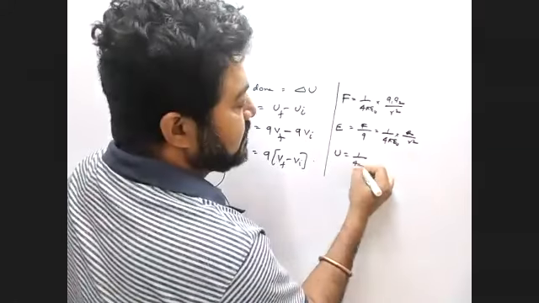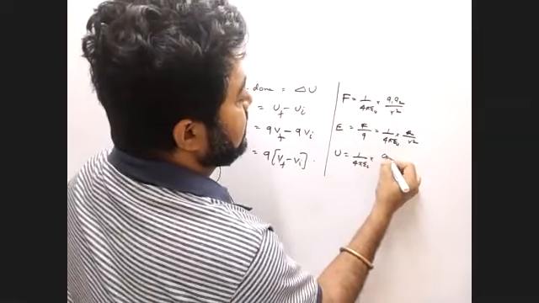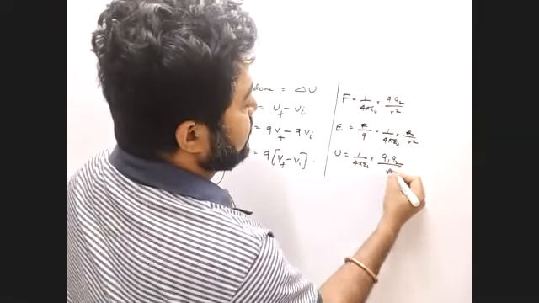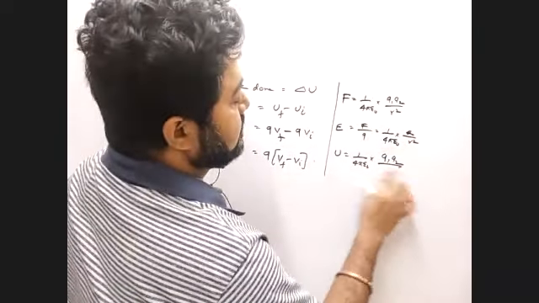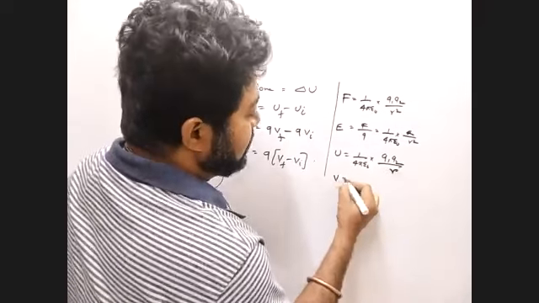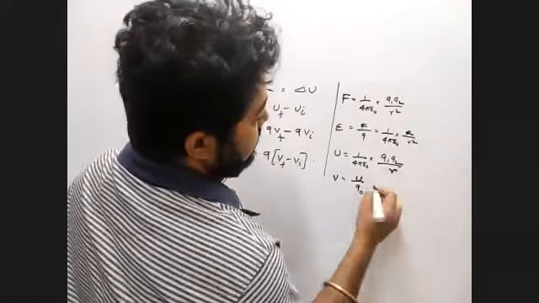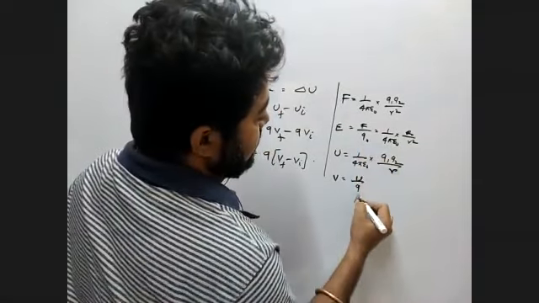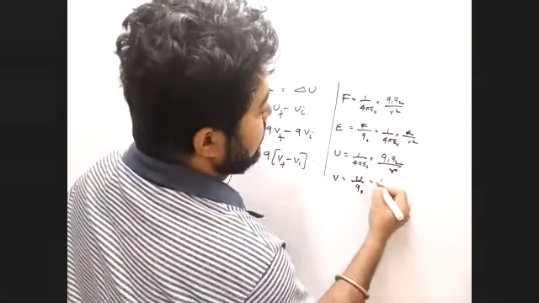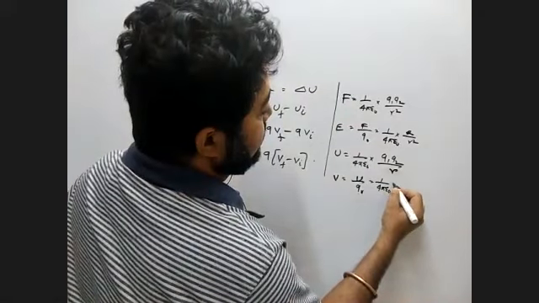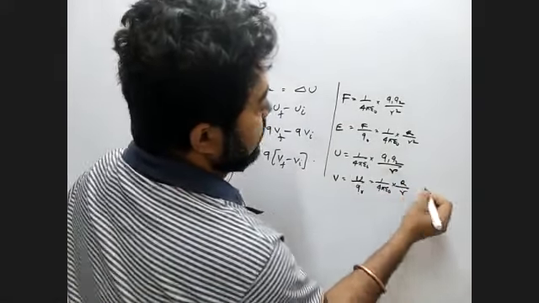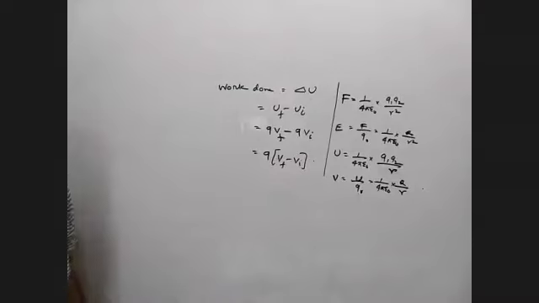Potential energy is a scalar quantity, Q1 Q2 by R, and potential is potential energy per unit introduced charge, so this is 1 by 4 pi epsilon naught Q by R. Hope you understand. These four are very, very important.